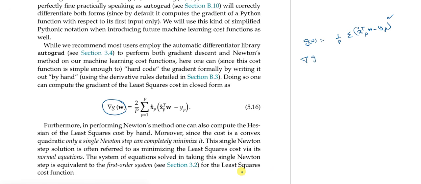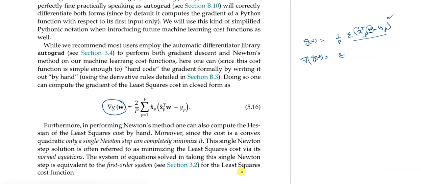The gradient g of w, I am computing with the help of x and w, the input parameters. Input parameters are x_p. If I differentiate with respect to this, it is in the form of x square, so d by dx of x square will be 2x.